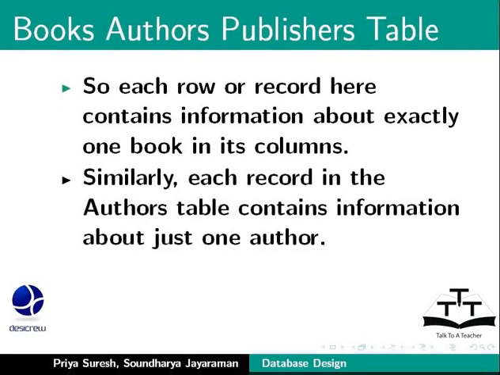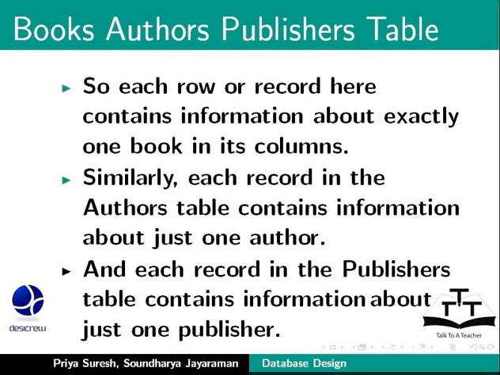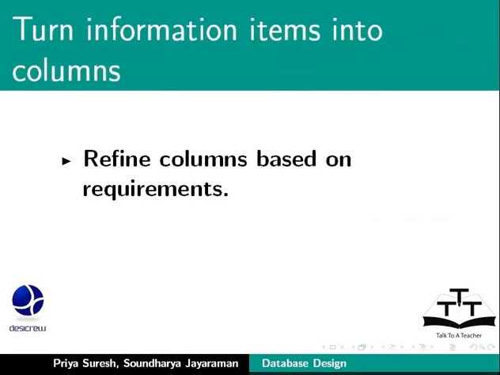Similarly, each record in the authors table contains information about just one author, and each record in the publishers table contains information about just one publisher. Now we can further refine the columns based on our requirements.